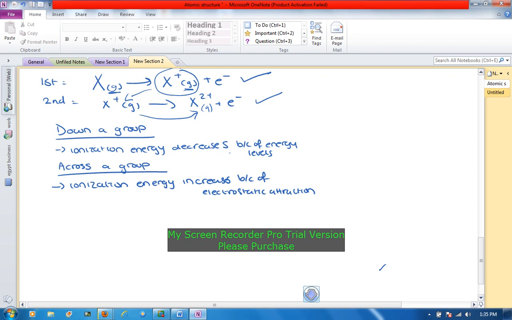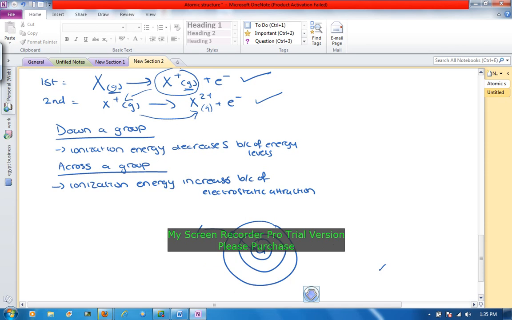Basically, if your valence electron is far away, because there are many energy levels, for example, chlorine has 3 valence shells. Its valence electron is really easy to remove because it's so far away from the nucleus and it's not held tightly together. So the ionization energy is not high.